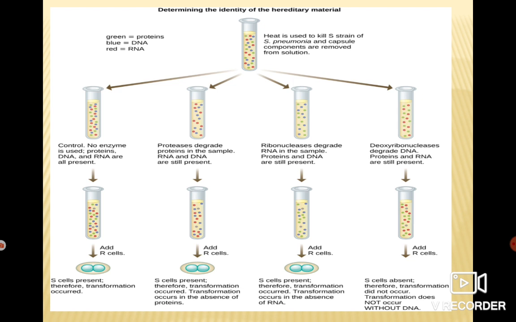Then in the second experiment, they added proteases, protein degrading enzyme, with DNA and RNA present. Again there was transformation. Transformation occurs in absence of protein. Here two materials are remaining, that is RNA and DNA, meaning genetic material is DNA or RNA in that bacteria.